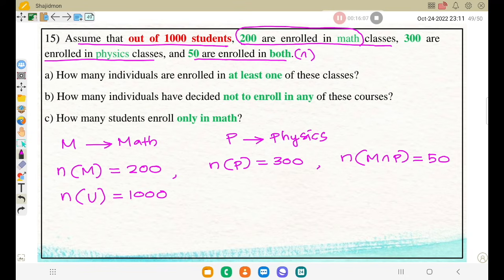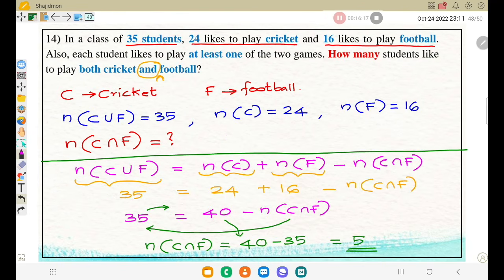Some students may take other courses, not math and physics. So that is why it is the universal set. Before, when we said each student plays at least one of the two games, cricket or football, that is why we did not take a universal set.